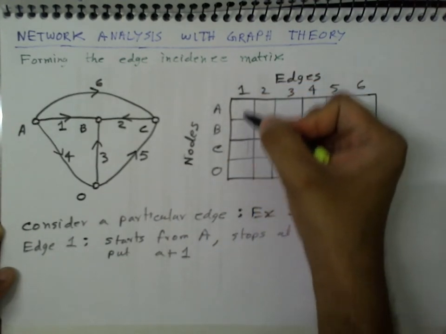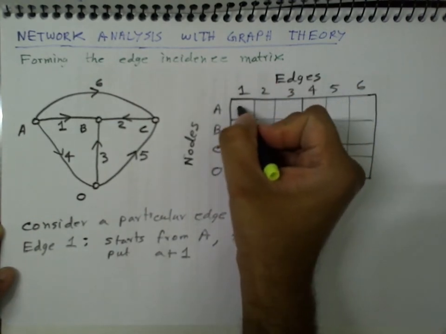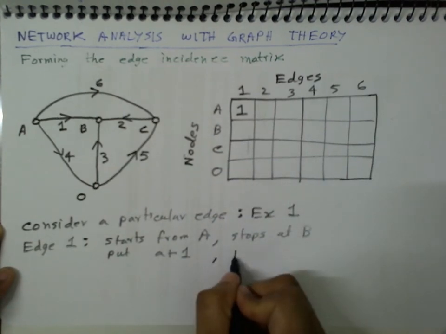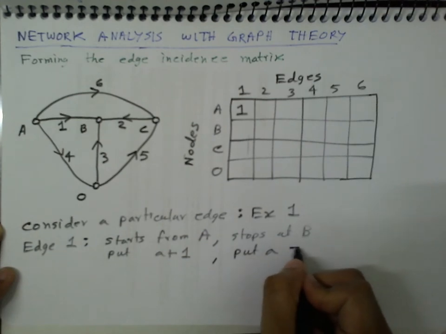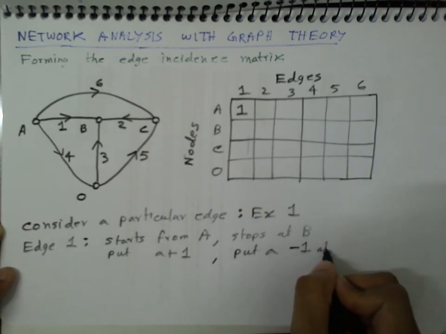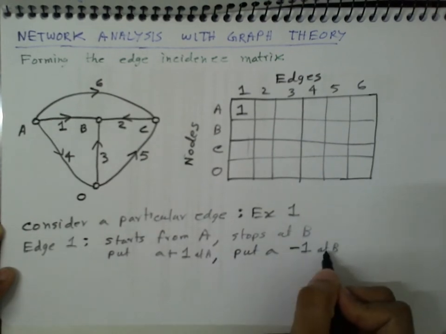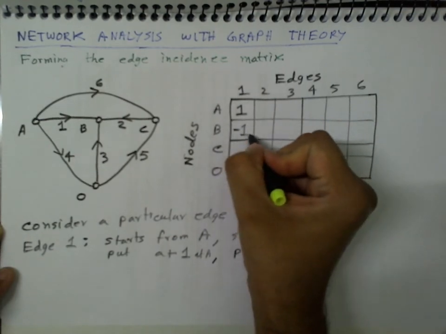So this is the edge that I am considering, and this starts from node A, so I put a plus 1 here, and I put a minus 1 at B. So plus 1 at A and minus 1 at B. So here at B I put a minus 1.